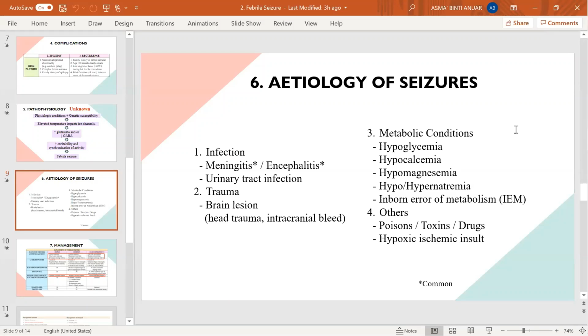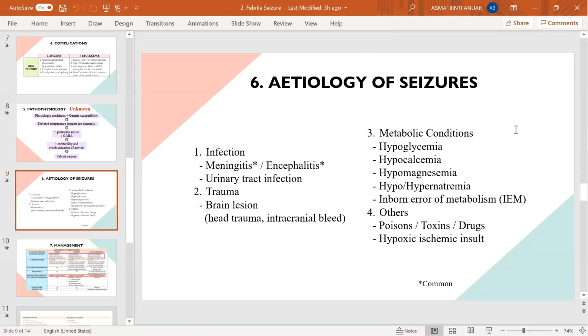You understand? Then only after all that, because all this can be done in a short time, if everything is negative, then you can be confident to diagnose febrile seizure. Because if you take too long, you may miss meningitis, so you may delay antibiotics.